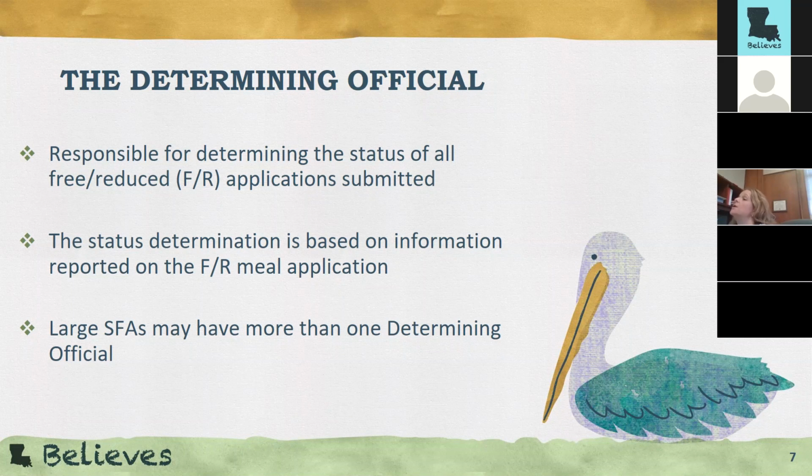The determining official is responsible for the "for school use only" section of the application. We will discuss that in a later slide as well. Larger SFAs may have multiple people designated for the determining official role. Many schools will allow the manager for each school to be the determining official for all applications coming into that school.